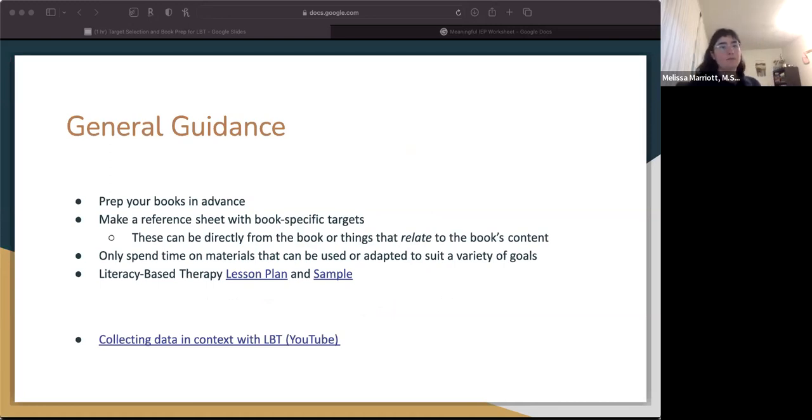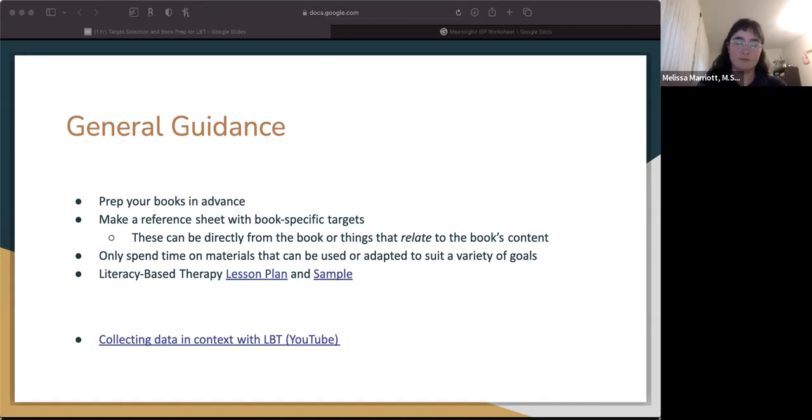Okay, just a few things generally, and then we'll do a little walkthrough of one of my favorite books. Prepping your books in advance is so helpful, let me tell you. I will show you how I store all of my pre-prepped materials.